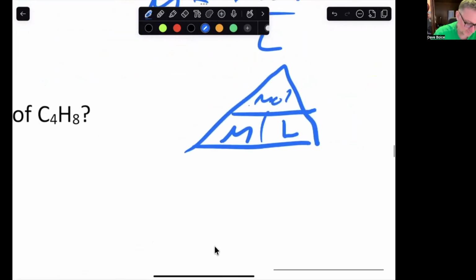Basically, I cover up whatever I want to solve for. If I want to solve for moles, I'm left with M times L. If I want to solve for liters, I cover that up and I'm left with moles divided by molarity. It's kind of hard to see me covering up on your screen, but there you go. If that helps you, cool.